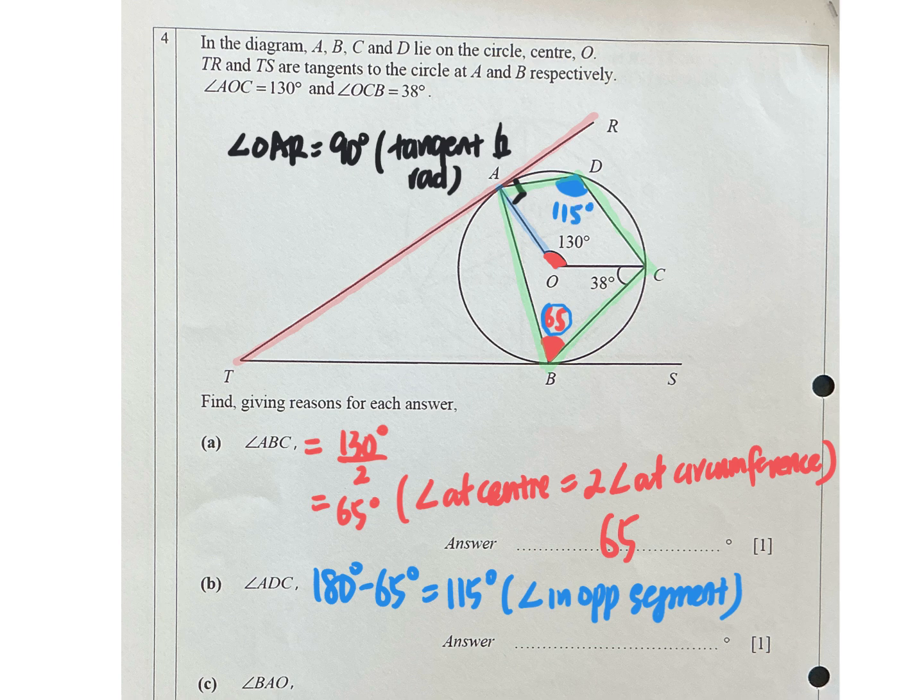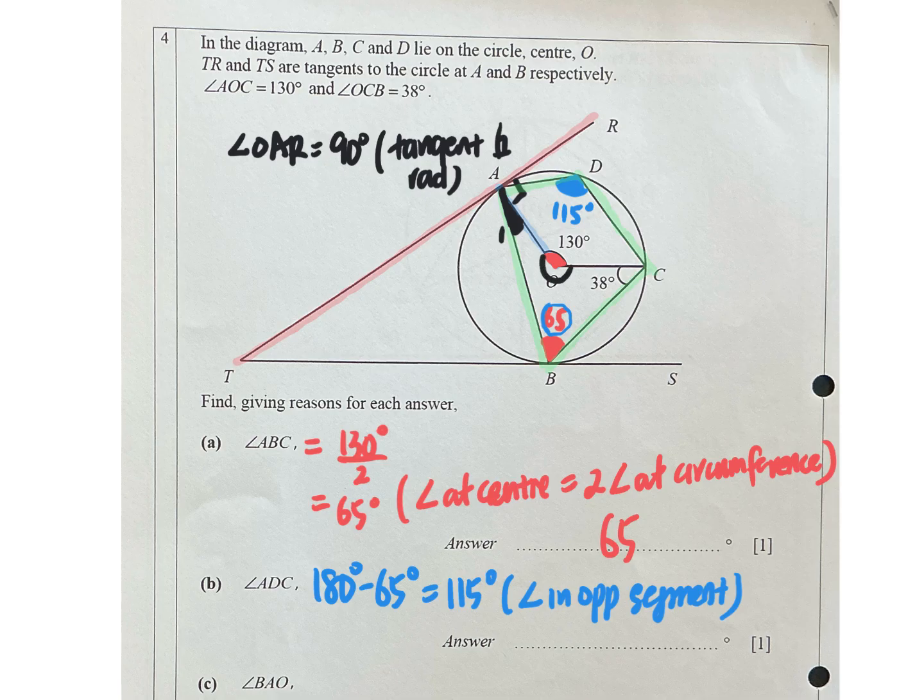Next one, BAO, the PAO, right here. So I want to find this angle. How can I find it? Is there a way that is faster? 180 minus 65? Cannot, I have isosceles. What you can do is 360 minus 90 minus 115, because you have a quadrilateral, 4 angles.